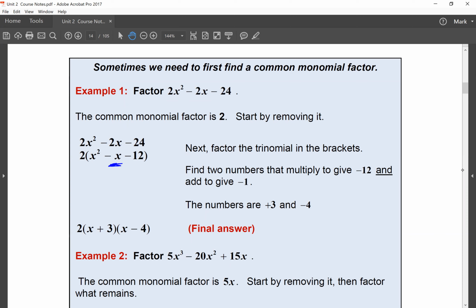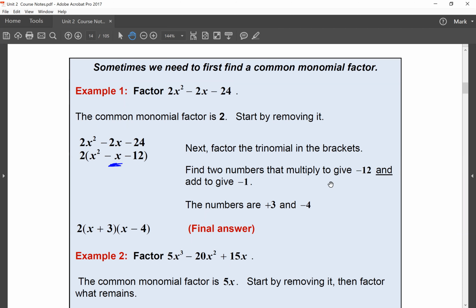So x squared minus x minus 12, this trinomial here, we're looking for two numbers that multiply to give us a minus 12 and add to give us a negative 1. Even though there's not a 1 there, we assume that it's there in math.